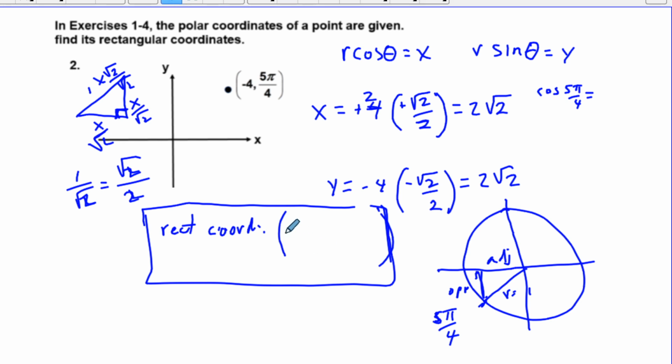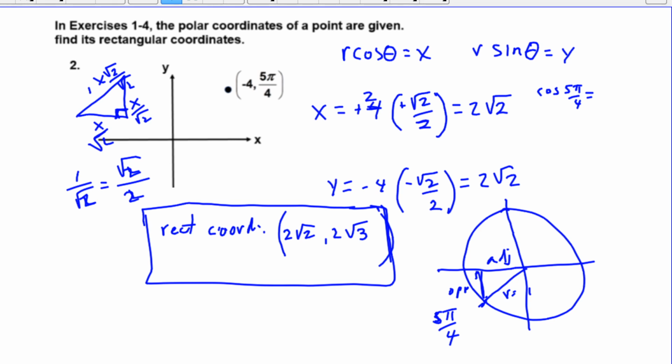So our answers are going to be 2 square root of 2, comma, 2 square root of 2. I got around to really answering your question finally. Sorry about that. If we were in class, you would have stopped me a long time ago.